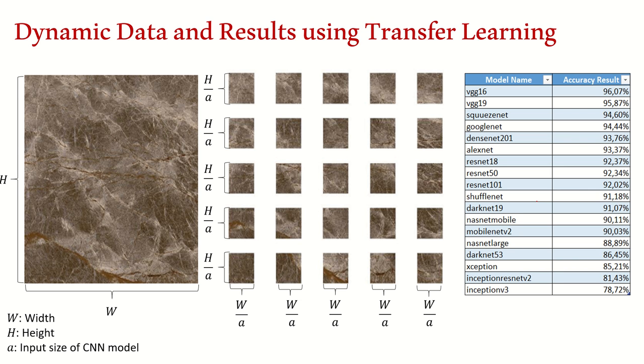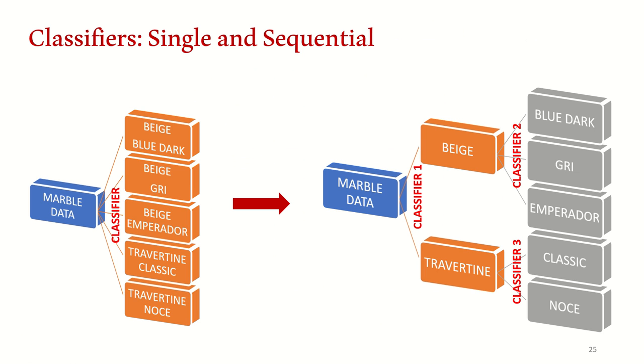So we trained the models with this data, and we got better accuracy results. For example, VGG16 has 96% accuracy.